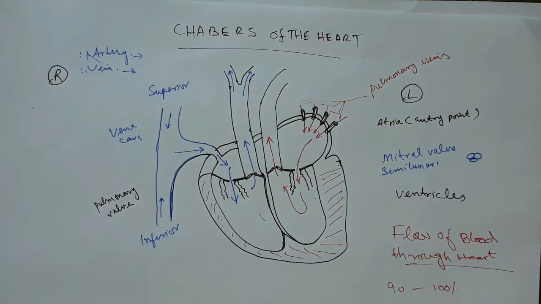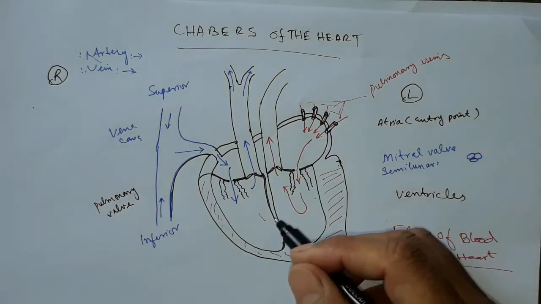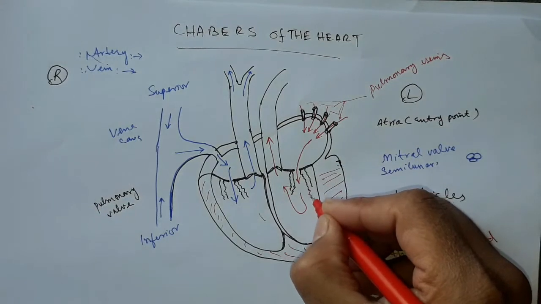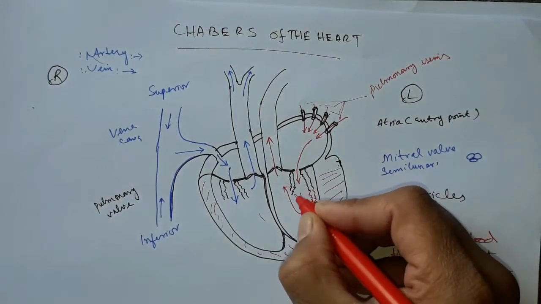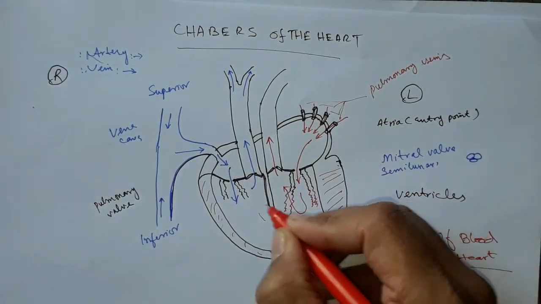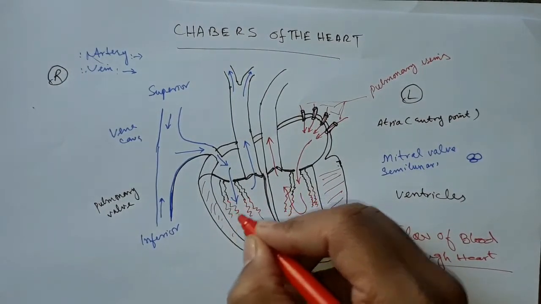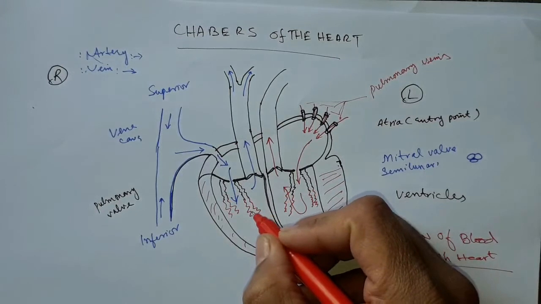The tendinous cords are rooted into the walls of the heart by specialized muscles called the papillary muscles. These are cardiac tendons and these are the papillary muscles.